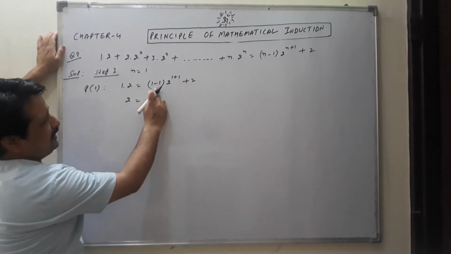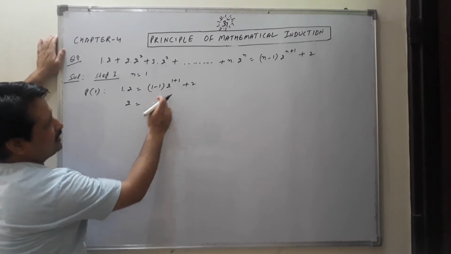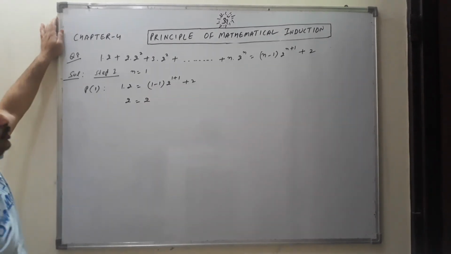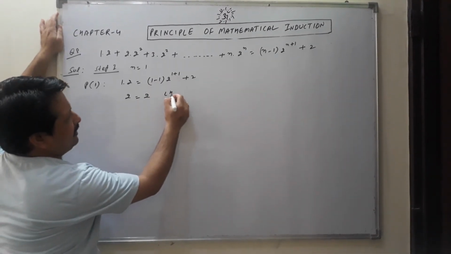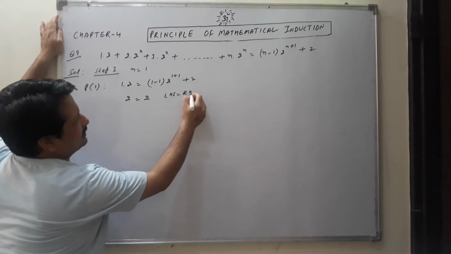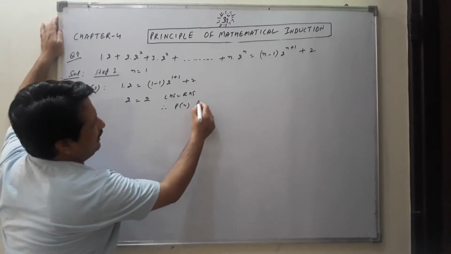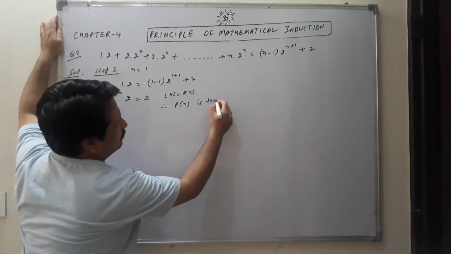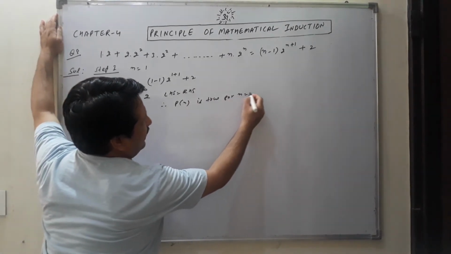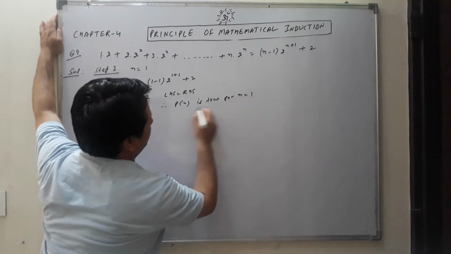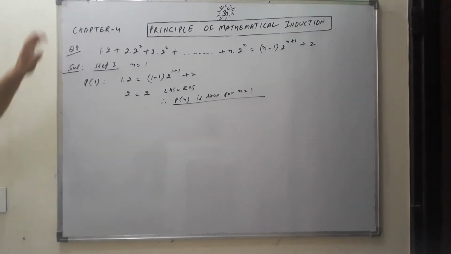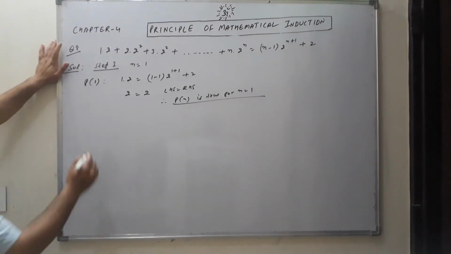If you see, 1 minus 1 is 0, so it will come as 2 equal to 2. Therefore, the left hand side is equal to the right hand side, or therefore, we can say that P of n is true for n equal to 1. This is step number 1.